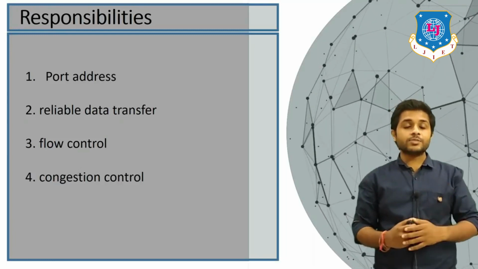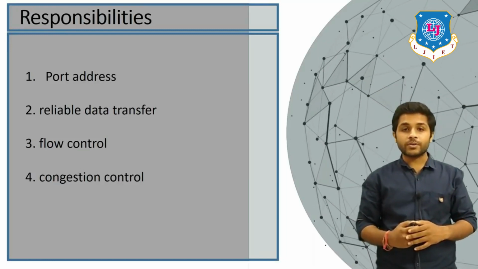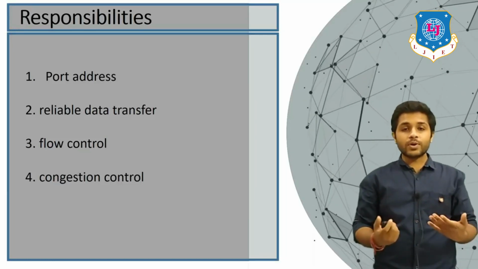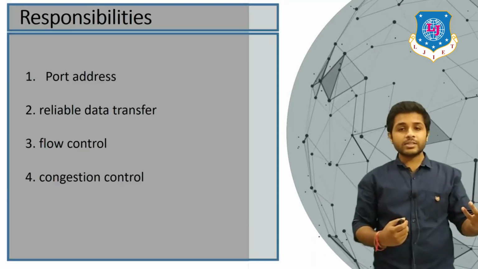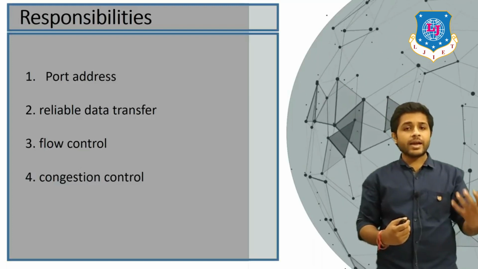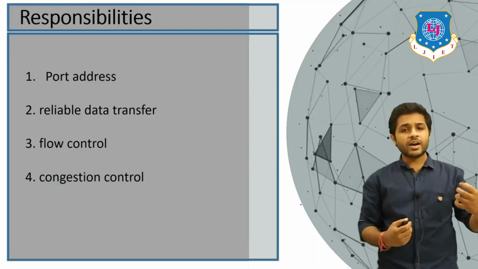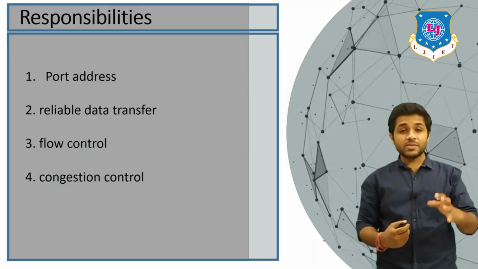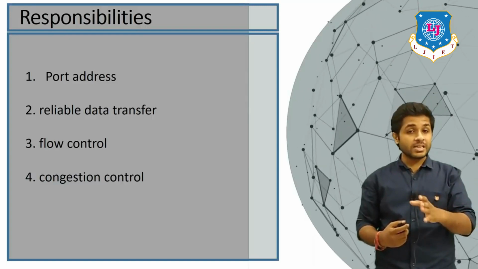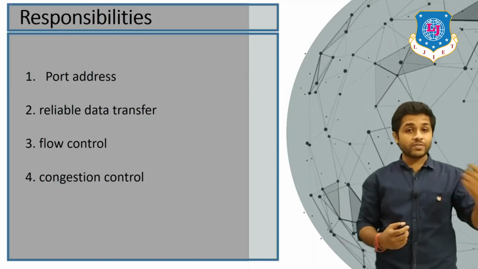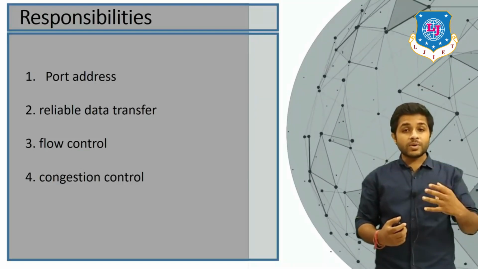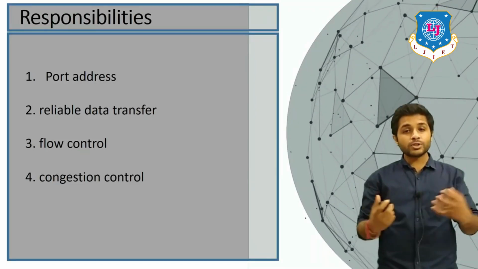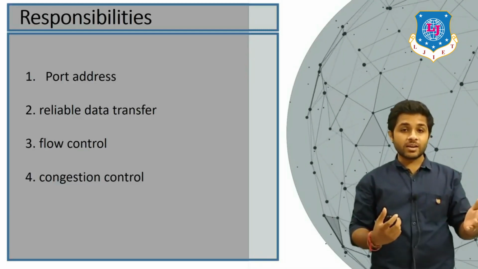Then the next responsibility is the flow control. Now what is flow control? Suppose two devices are connected to each other via a link, and one sender is sending data at a very high rate, but the receiver is not able to receive data at the rate the sender is sending. So in that case, the receiver will receive some data and most of the data will be lost in the link.